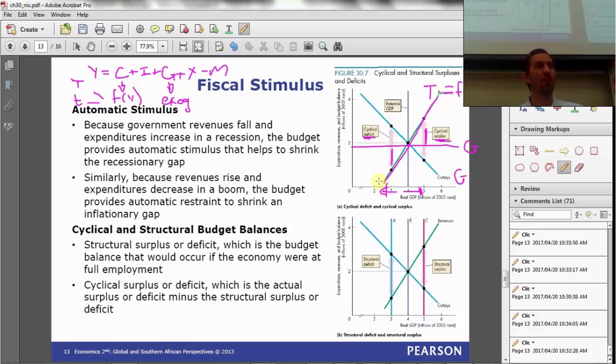As taxes fall, what does that do to aggregate demand? Shifts aggregate demand to the right. So that would be a natural counteraction to a recession, right? We enter into a recession and naturally taxes decrease, which increases aggregate demand, right? So you can see it's an automatic stimulation of the economy, right? Automatic stimulus.